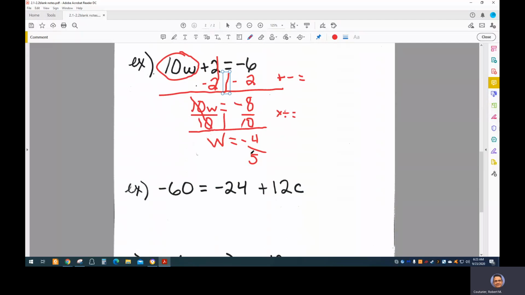Now, you might be saying, if you look at that, most of you cannot look at this problem and tell me, oh, yeah, I know for sure that that is the right answer. No, you need to check your work. You need to set this up, use the law of substitution. If you say that W equals this, then plug it in and prove to me that's the case.